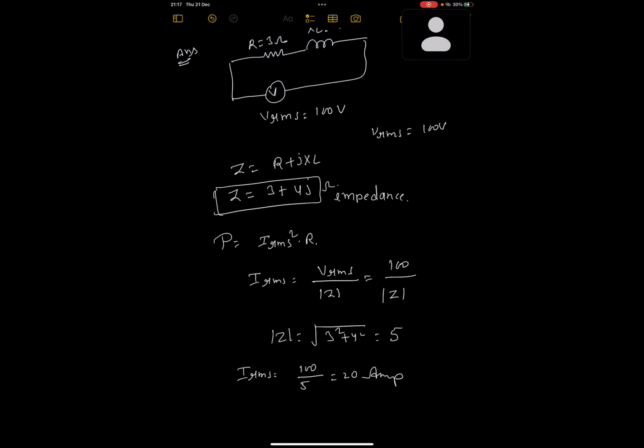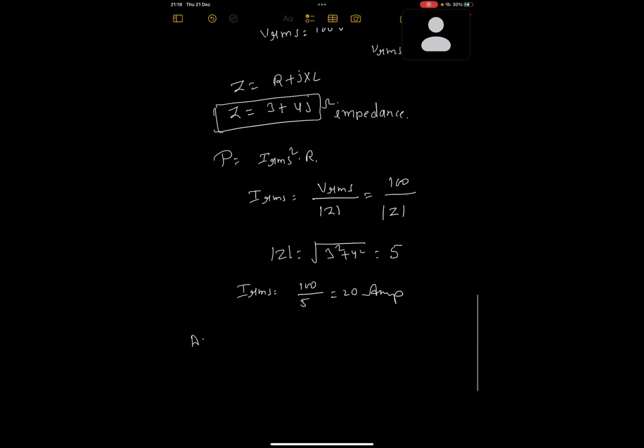So active power P equal to IRMS square into R. IRMS is 20 square into R is 3. So 1200 watts.